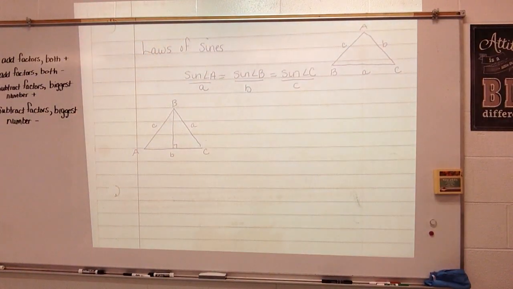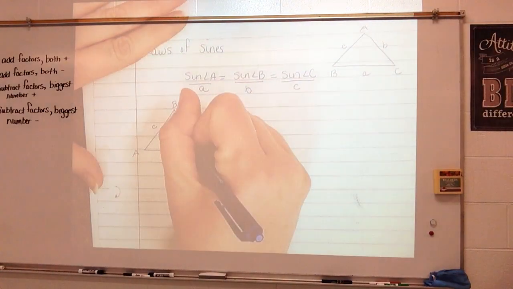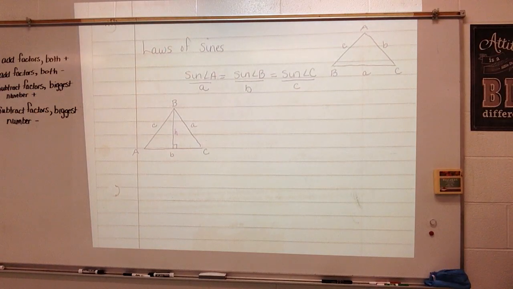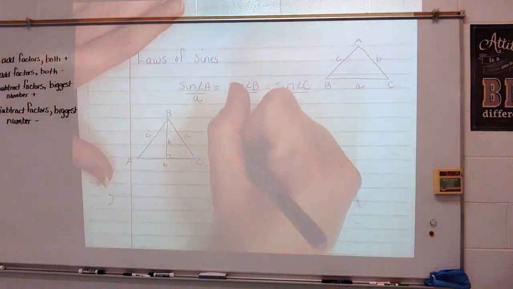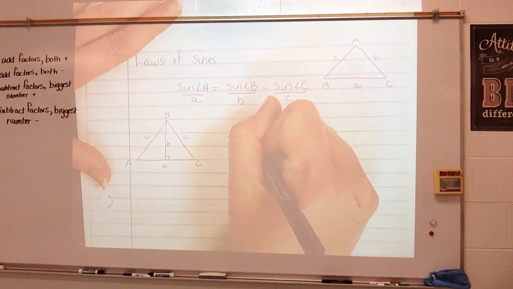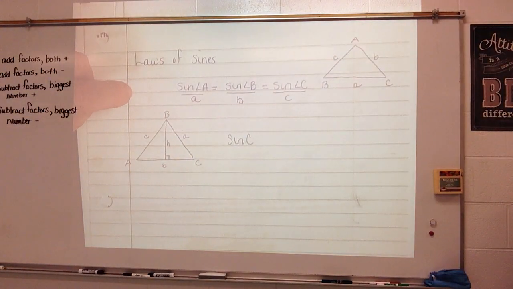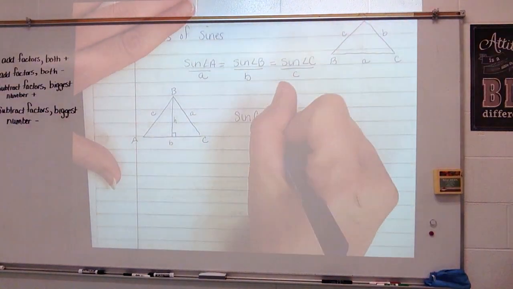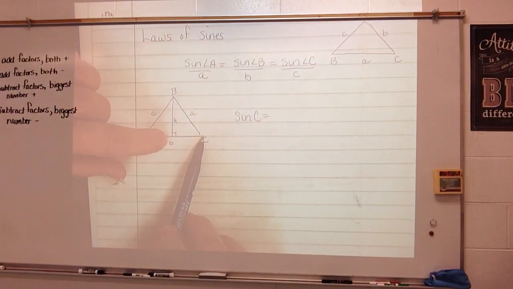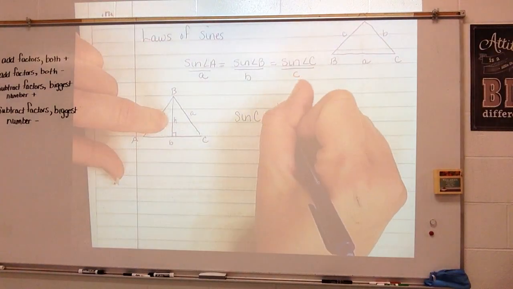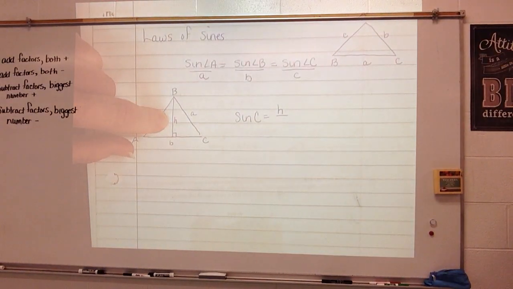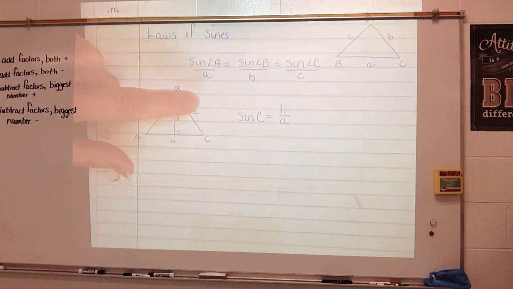So now, look what we have. We're going to label this h. Now, what is the sine of C? I am looking at the sine of angle C. Sine is opposite over hypotenuse, which would be h over a.